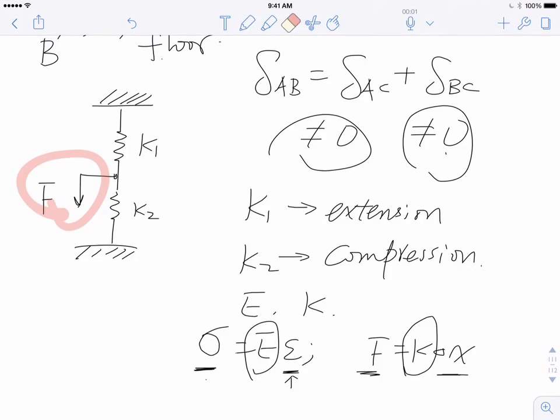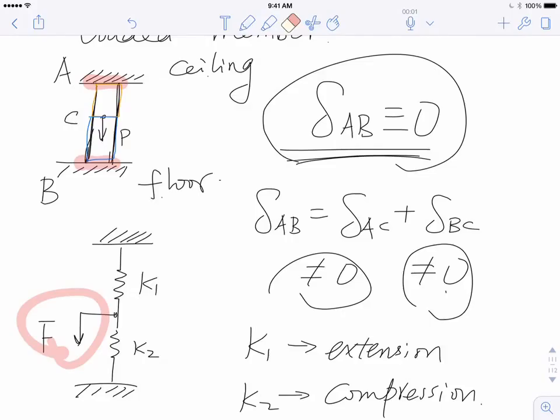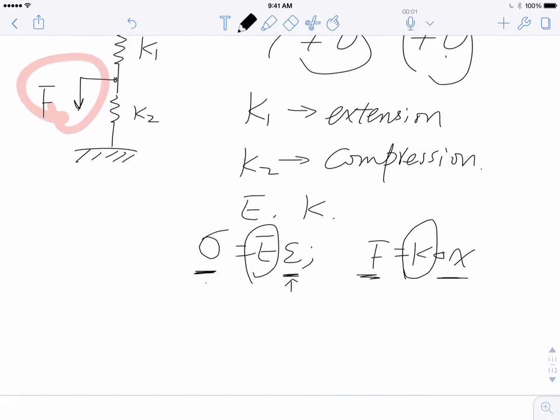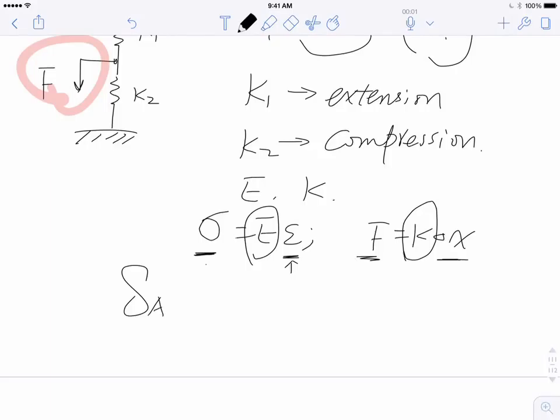Okay, so let's come back here. Not only is AC not zero, I know AC is a positive number, bigger than zero, extension. BC is smaller than zero, right? So a positive number plus a negative number equals delta AB, which is always zero. Make sense now? Positive, negative, zero. Important thing, let me write it again here: AC plus BC, and this is zero.